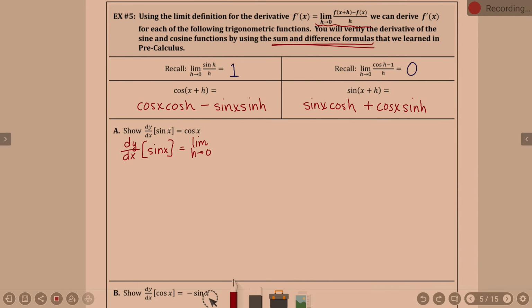Well, what is my function? What is f of x? Sine, yes. So f of x plus h is going to be sine of x plus h minus f of x, so minus sine of x, all over h.